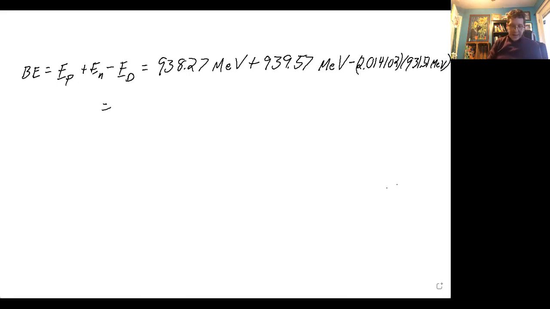And so what you get is 1.76 mega electron volts. So that's the binding energy of deuterium. Again, you take the rest energy of the individual parts and then subtract from that the rest energy of the whole. And that gives you the binding energy.